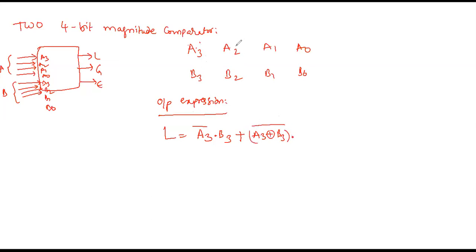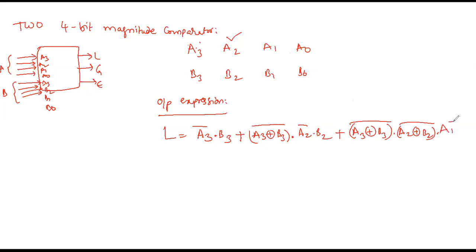Now we look for the next bit, A2. When A is less than B, A2 is 0 and B2 is 1, so A2 bar B2. Next, if A2 and B2 are also the same, A3 XNOR B3 into A2 XNOR B2. Now we look at A1, B1.